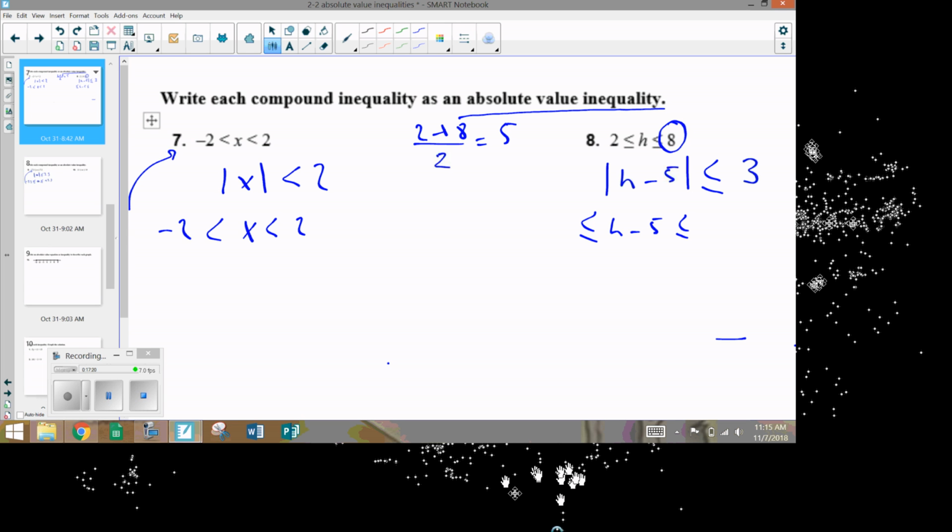Add 5 to both sides. Sorry, I'm not gonna skip steps. Plus 3 and minus 3, right? I'm checking now. Then add 5. 5 minus 3 equals 2. Is that the same? Then this is correct.